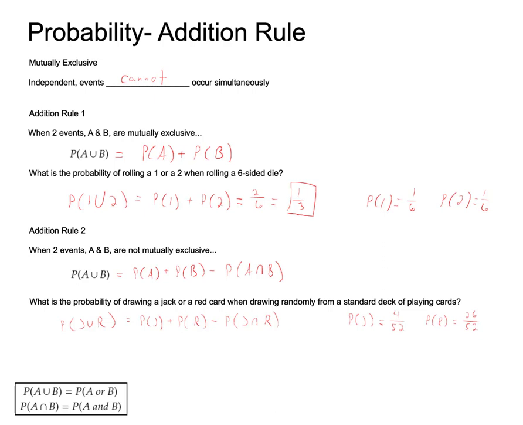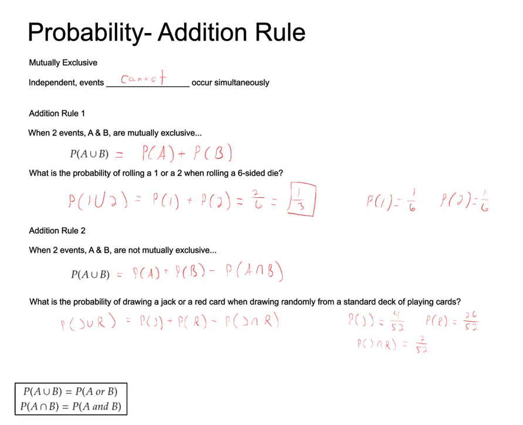And then the probability of a jack and a red card is equal to 2 out of 52 because 2 of the jacks are also red. So the probability of a card being jack and red together is 2 out of 52.